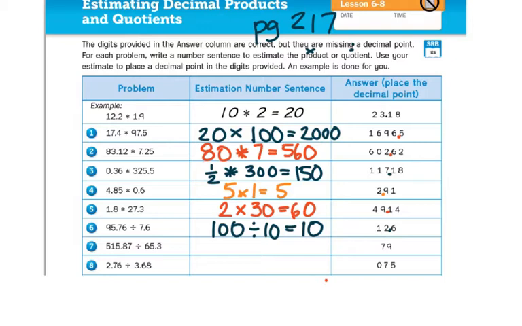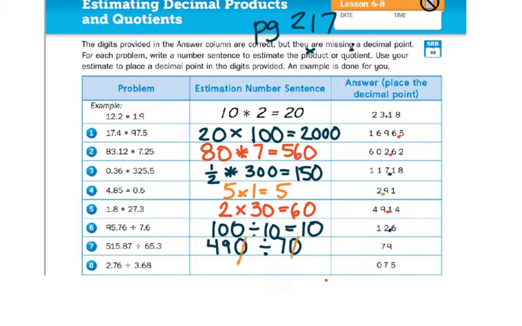Number 7. 515. You know what I'm going to make this equal to? This one might be a little harder for you to see. 490, divided by, and I'm going to make this equal to 70 because I can do 490 divided by 70 in my head.